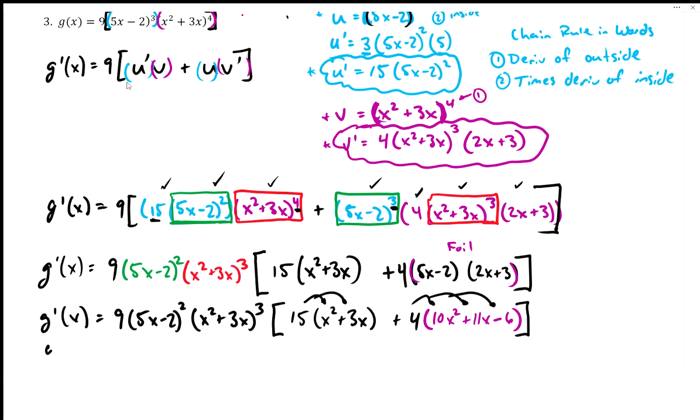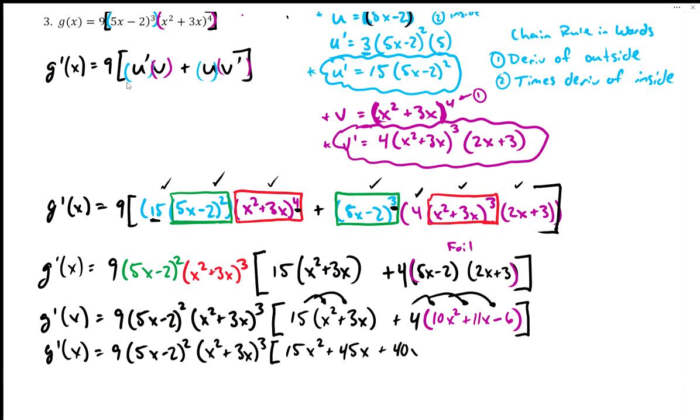So we have g prime of x is 9 times 5x minus 2 squared, then x squared plus 3x cubed, still a bracket. Let's distribute the 15. So 15x squared plus 45x. Let's distribute the 4 plus 40x squared plus 44x minus 24.